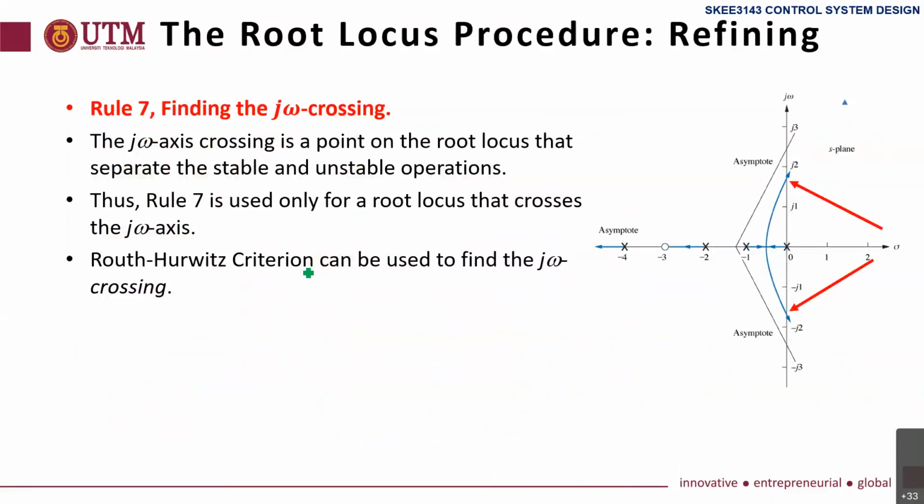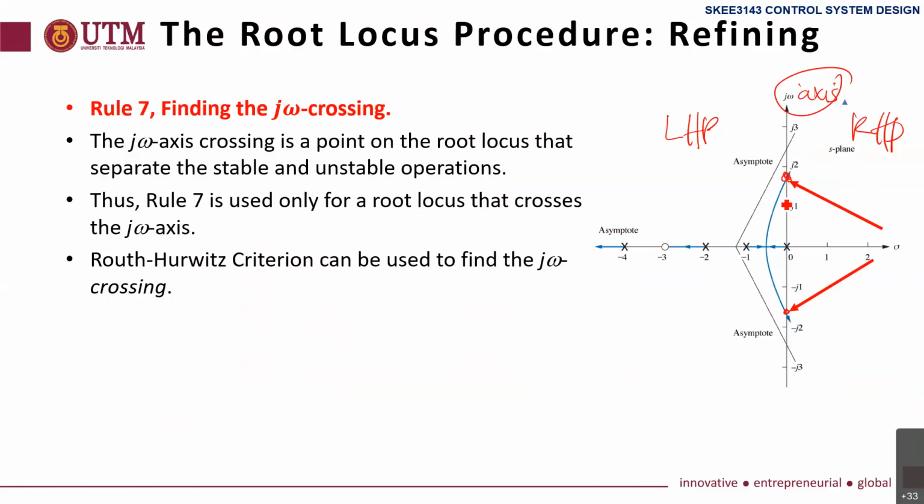Rule number 7 deals with finding the j omega crossing. I mentioned we want to find this point. This is the left half plane, this is the right half plane. When the pole passes through the j omega axis, the imaginary axis, the system becomes unstable.